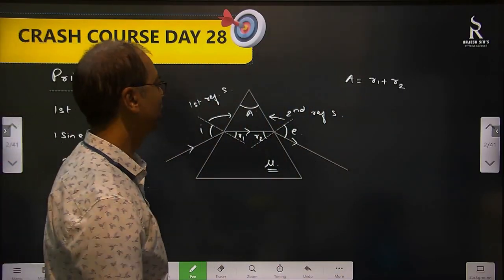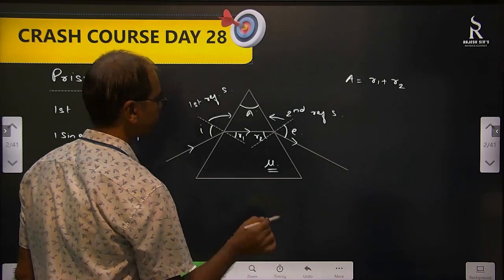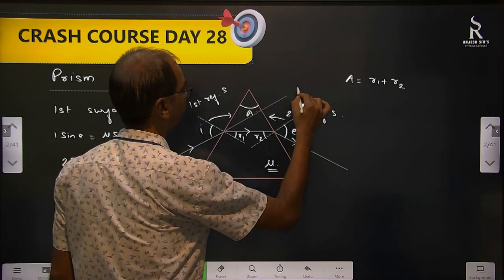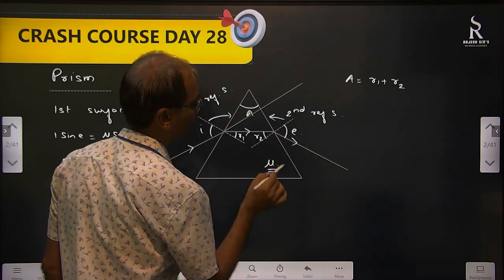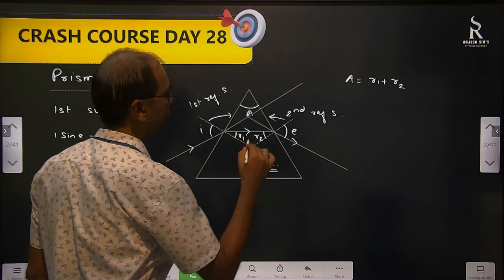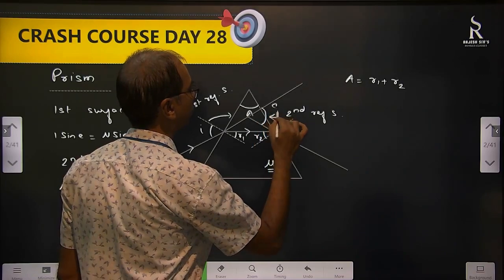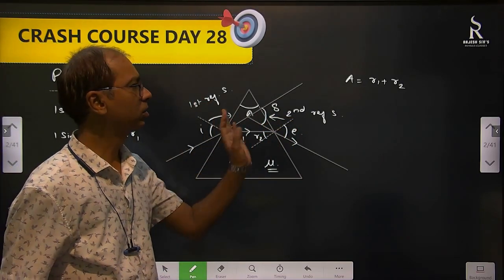Okay, and delta. Now what is delta here? This is incident ray. Okay, and this one is emergent ray. The angle between them is called delta. How much deviation this prism is producing, that's called delta.